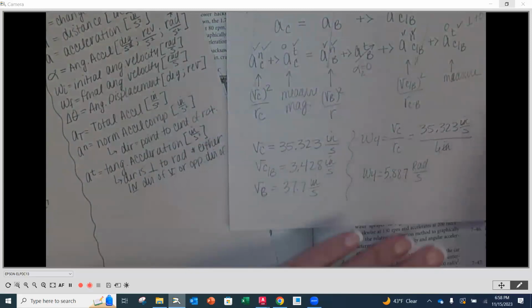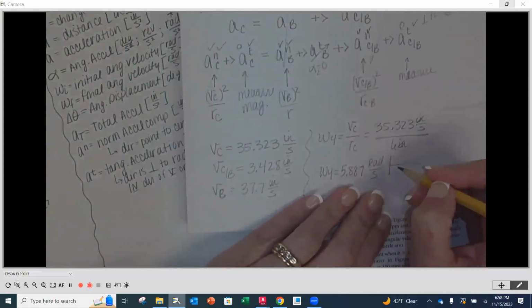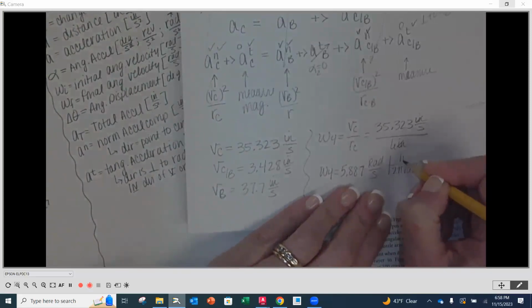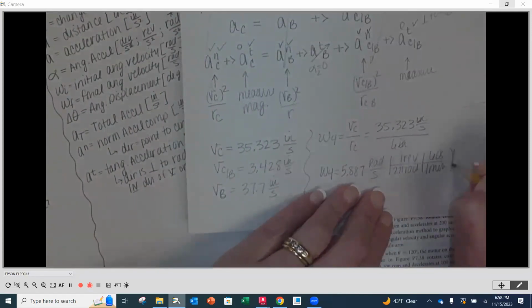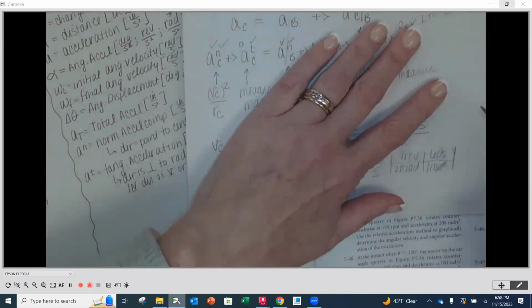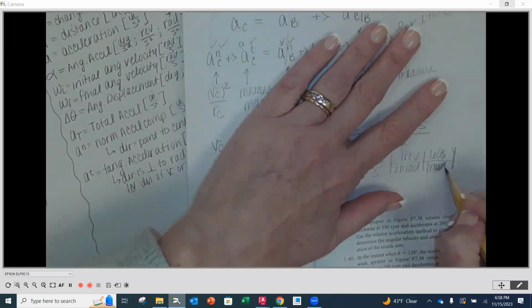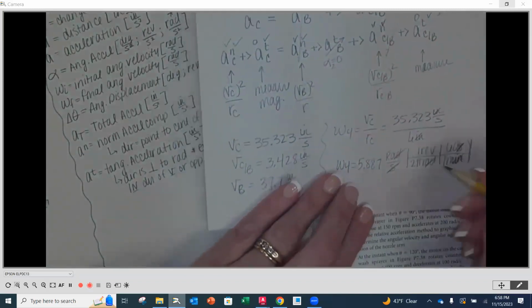Which means we need to convert this to revolutions per minute. So 2 pi radians, 1 revolution on top, 60 seconds on top, 1 minute on the bottom. Seconds cancel, radians cancel. So we're in revolutions per minute.